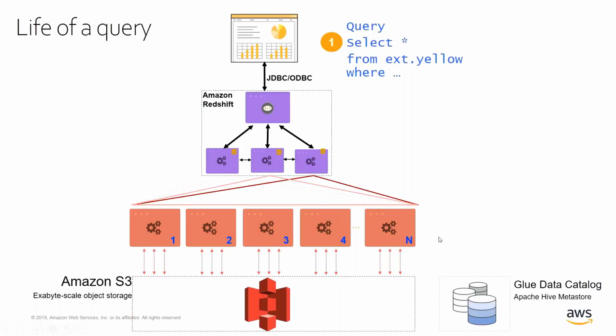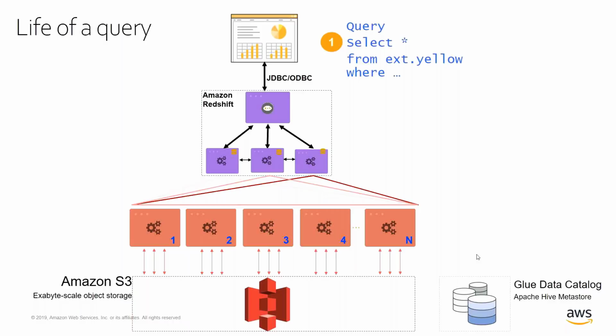The nice thing about Spectrum is Spectrum scales itself. If you see this, we have 1, 2, 3, 4, and then an N. Why this is because as you query your data on S3, you don't know how much data you would be querying. You could be querying 10 megs of data, or you could be querying a terabyte of data.